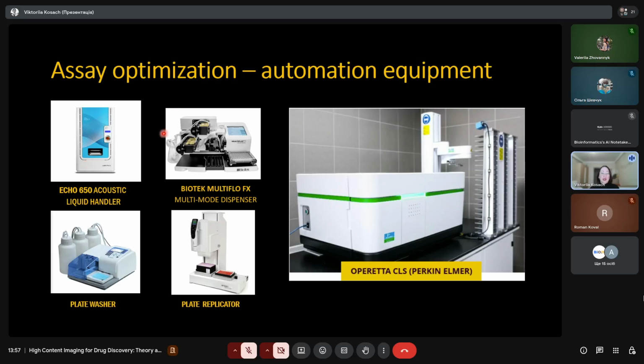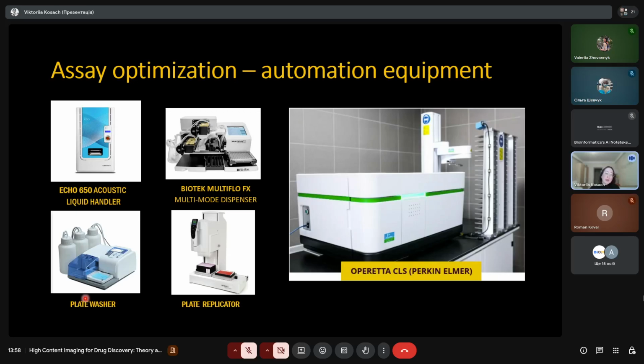After that, you could dispense your buffer in the plate with compounds using a multi-mode dispenser. You could also plate your cells with such a dispenser. It will greatly reduce the variability of cell distribution in the plate.